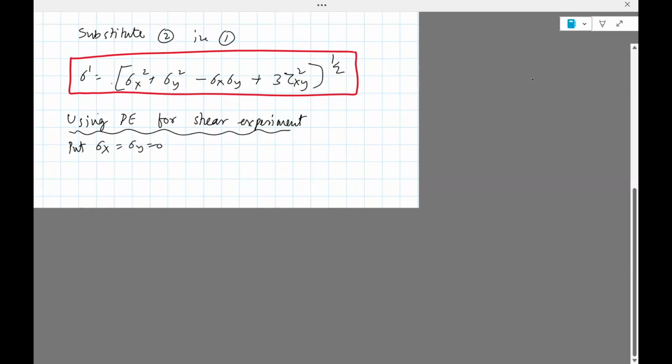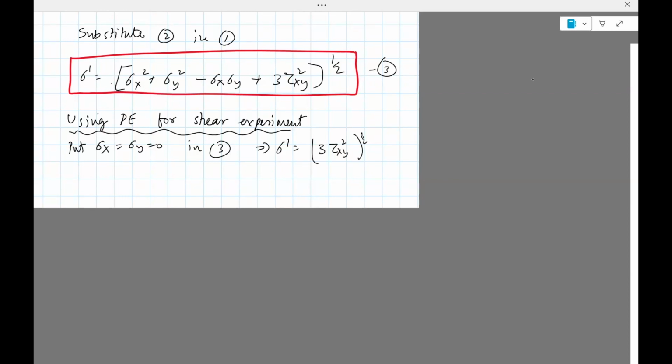in this expression above here, let's call this 3, then we have sigma prime is going to be 3 times tau xy square raised to half. So it's square root 3 tau xy. And so this can be written down as, what's square root of 3?